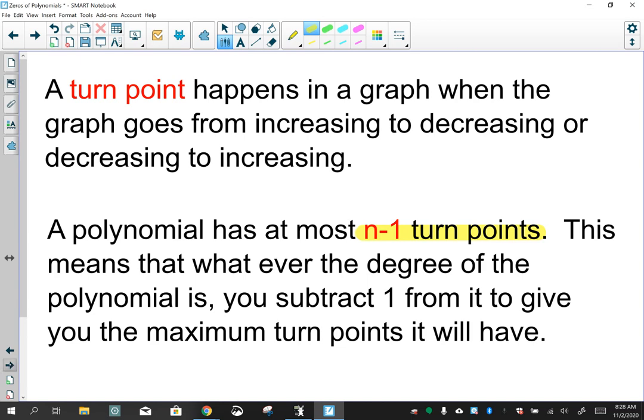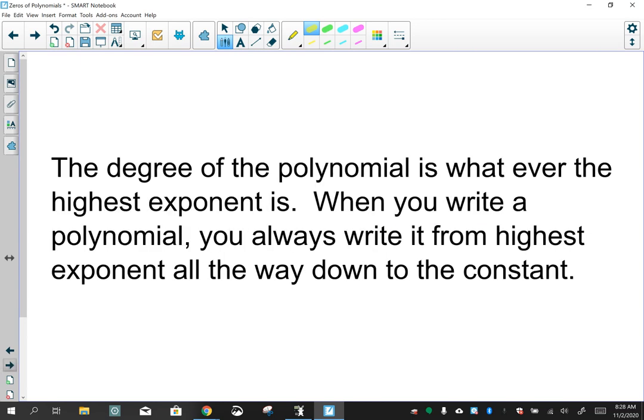If you're trying to remember, the degree of the polynomial is whatever the highest exponent is. When we normally do these, we write the polynomial from the highest exponent all the way down to the constant. That's what we need to do when we go forward and do these problems.